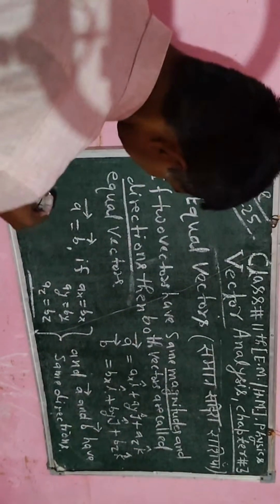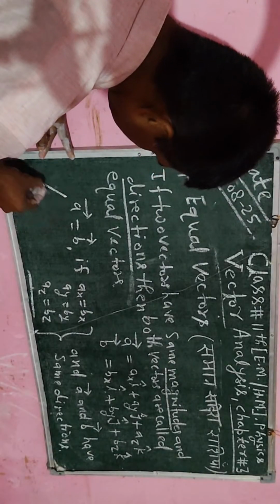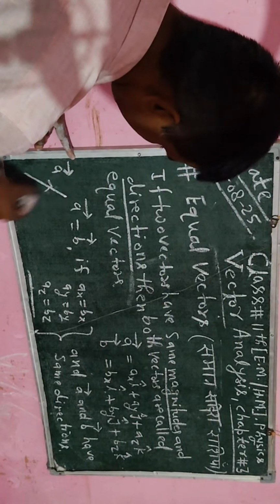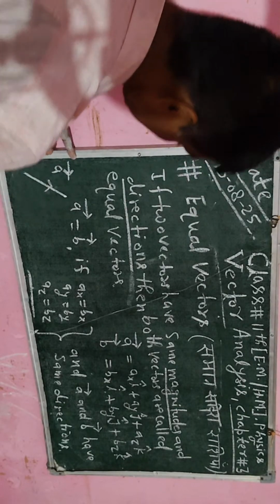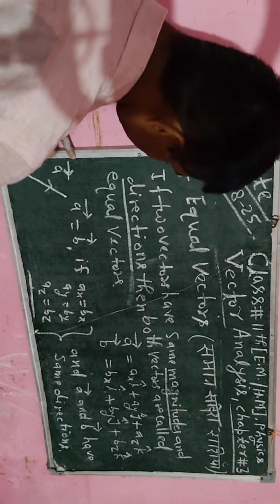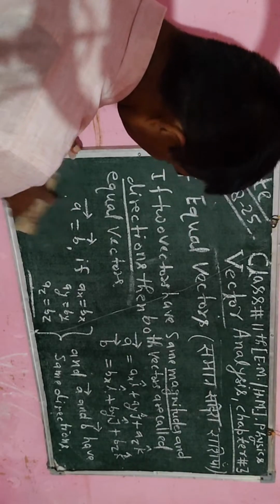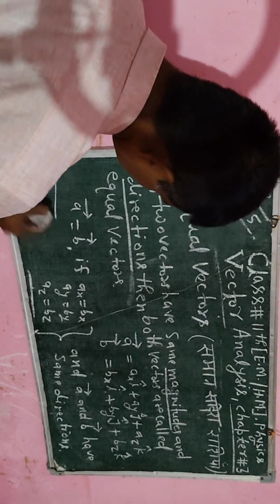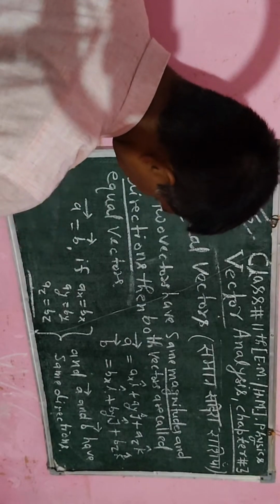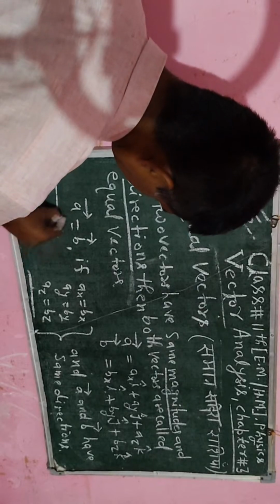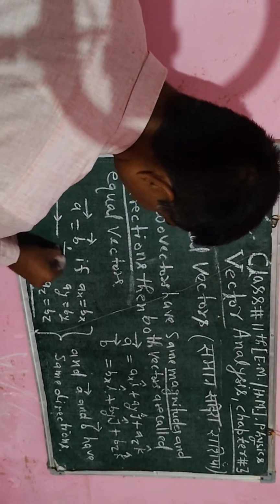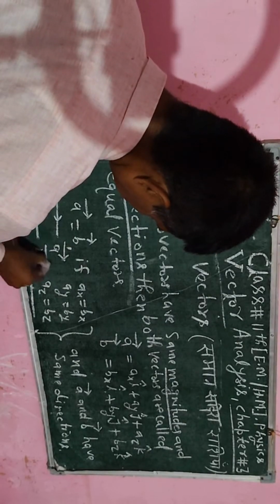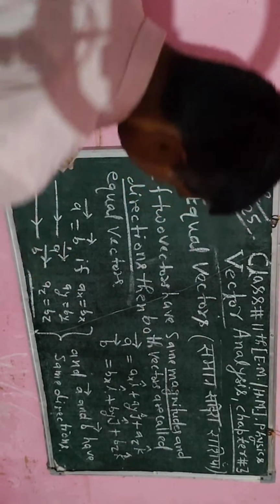And graphically, this is the vector which is represented by A, and I will draw another vector here. There is no space, so I will draw it like this. This is a vector, represented with A, and this is also a vector, represented with B. Now both are the same.